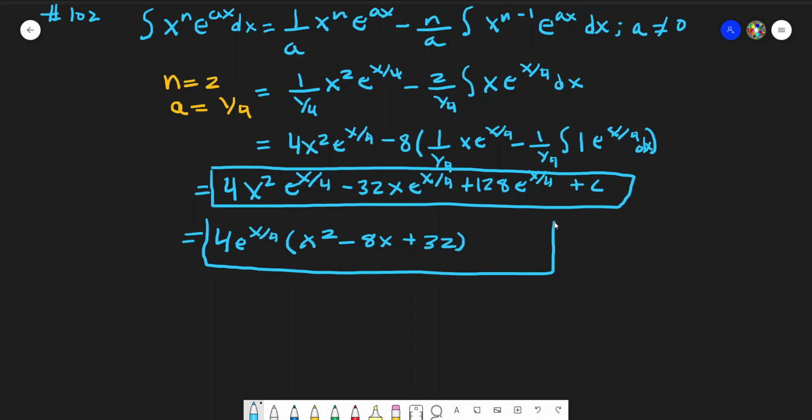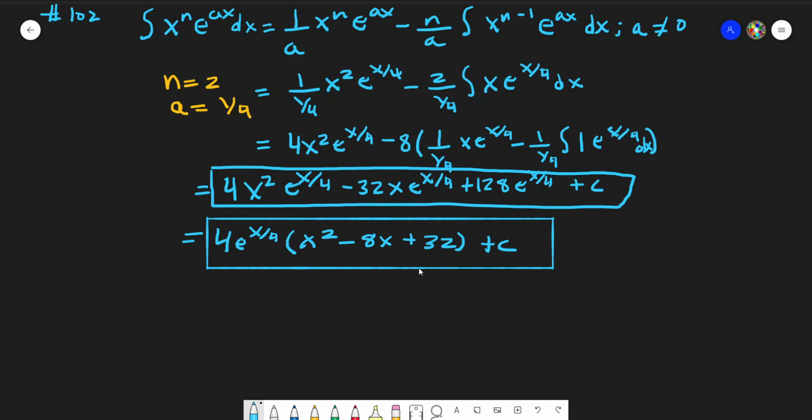Of course, don't forget the plus c. And just like always, if you differentiate this, this actually gives you the exact same thing.